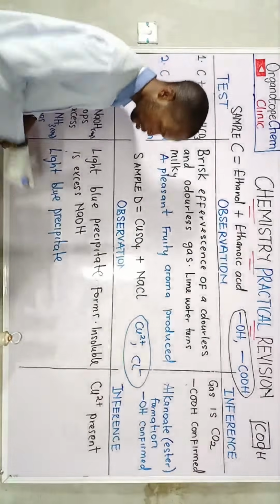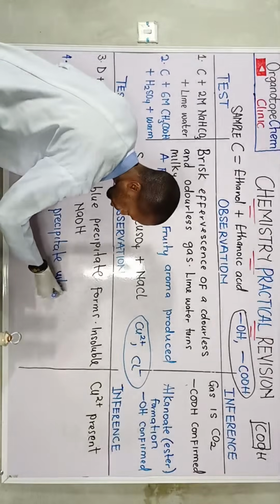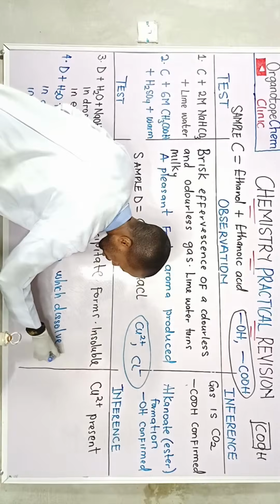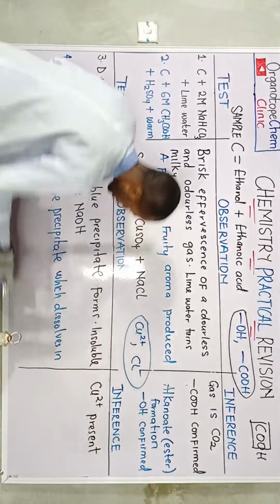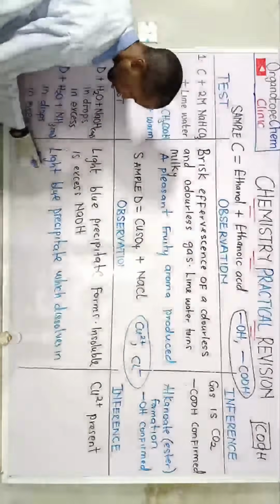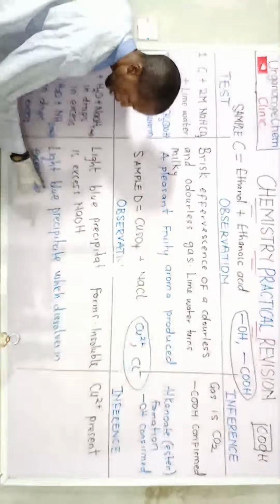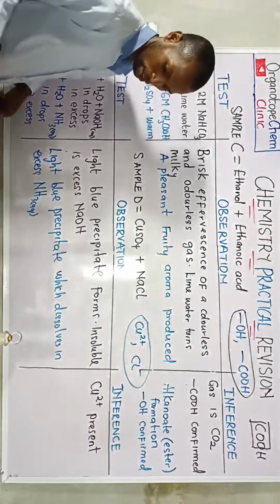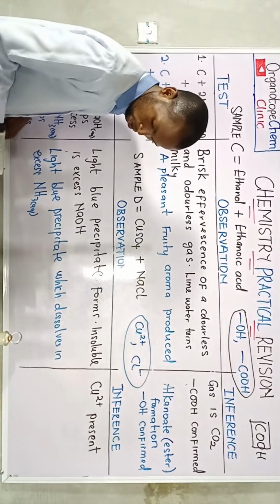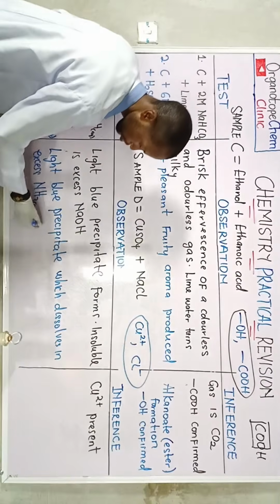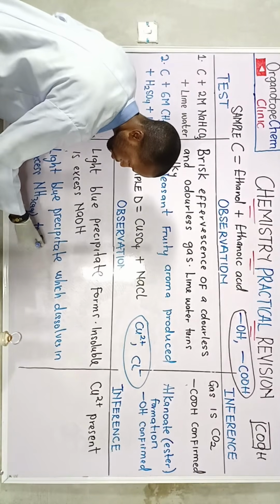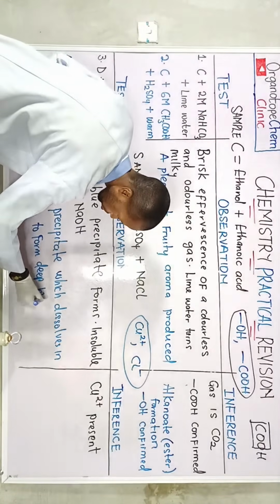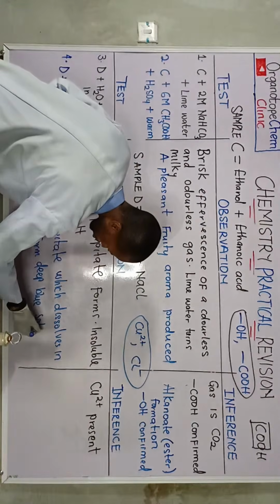Light blue precipitates which dissolves in excess aqueous ammonia, NH3 aqueous. Okay? To form deep blue solution.